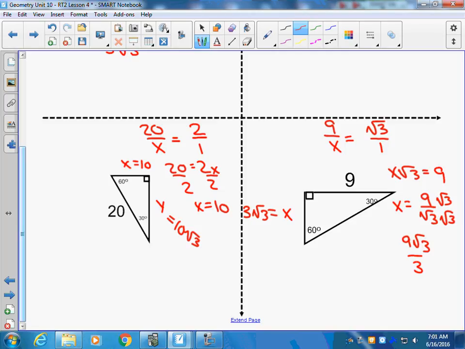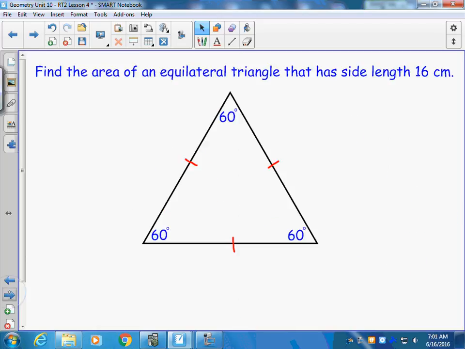And now we can use the conjecture to get our long leg of y. You can always use the equal proportions and cross multiply and solve, but we also want to understand that short leg times 2 equals your hypotenuse.